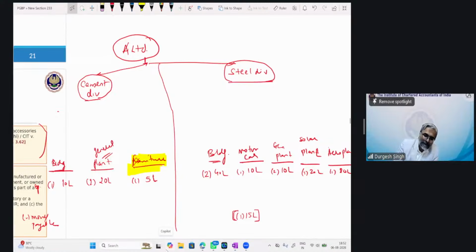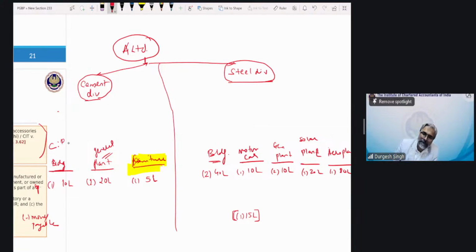Building, students, is a separate class of asset, and if the question is salary, it is 10%. Building is a separate class. Plant is also a separate class and furniture is also a separate class. So 3 blocks I am getting from here only, isn't it?